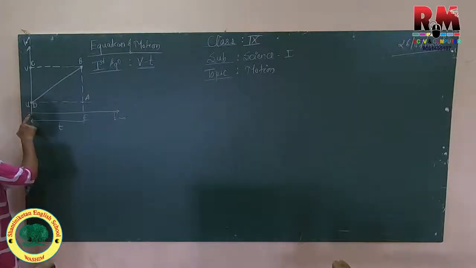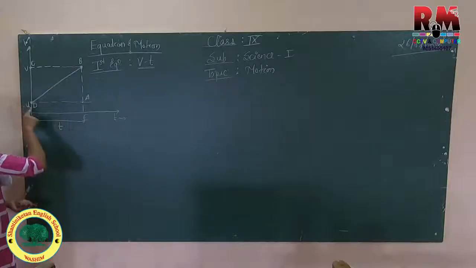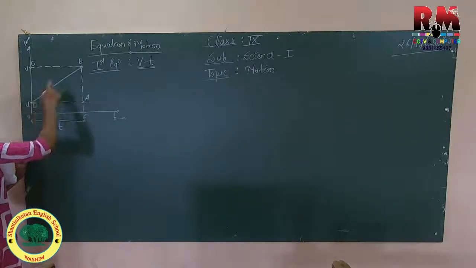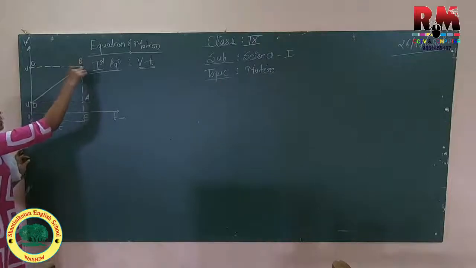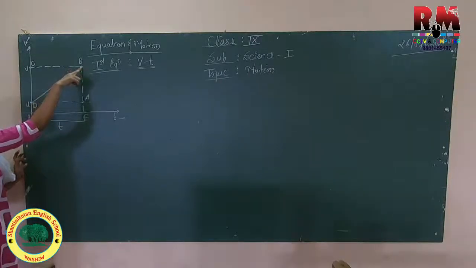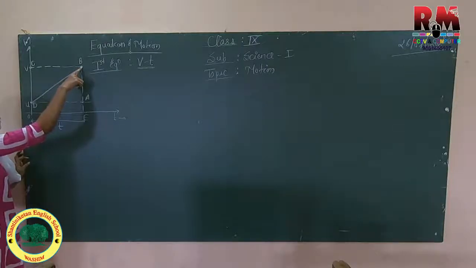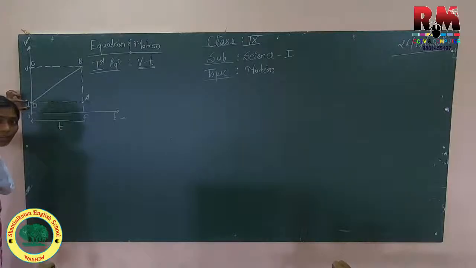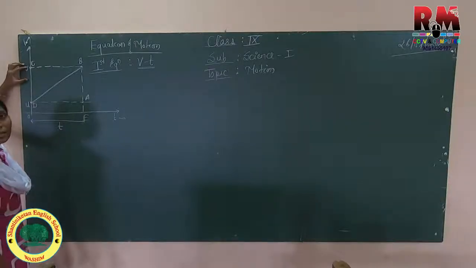It is not zero velocity, it is not starting from the origin; it has a certain initial velocity u. After time t, the object reached point B with velocity v. So u is the initial velocity and v is the final velocity.